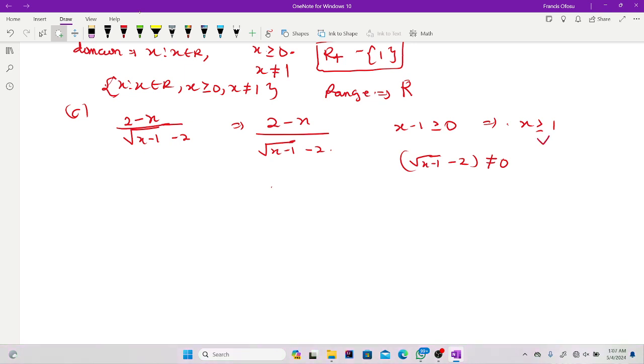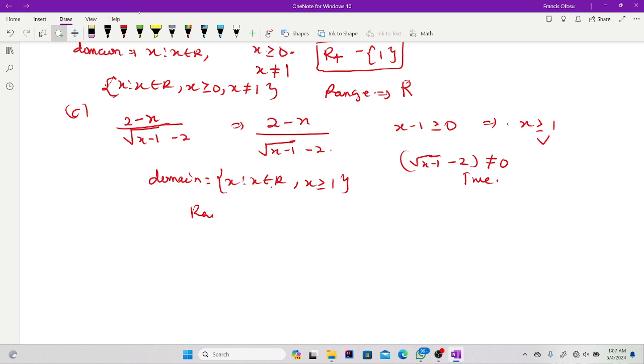This condition should be enough, because once this is satisfied, this condition is also true. Once you have x greater than or equal to 1, this is always not equal to 0. So therefore, our domain is simply x is a member of all real numbers where x is greater than or equal to 1.